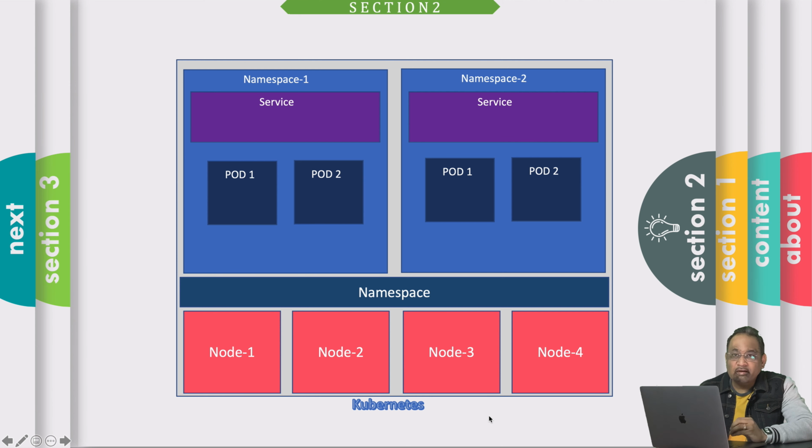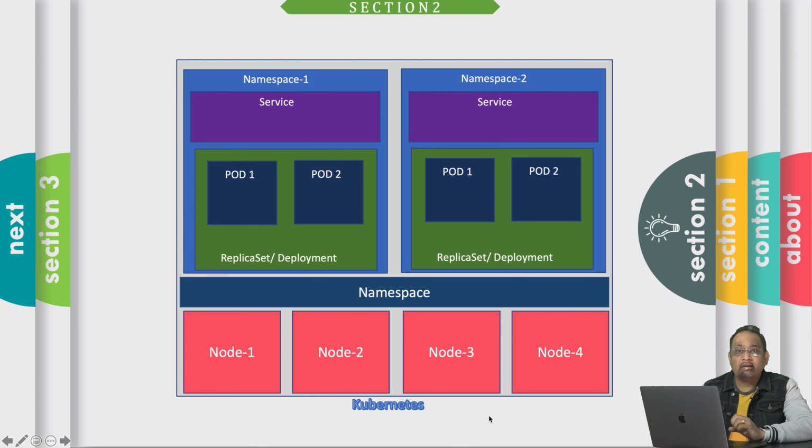Next are the replica set and deployments. Pods allow us to group a set of containers as an application unit, but in real life we would need many such units to address both scalability and failure requirements, and that's where the Kubernetes replica set comes into the picture to manage the scaling of the pod.